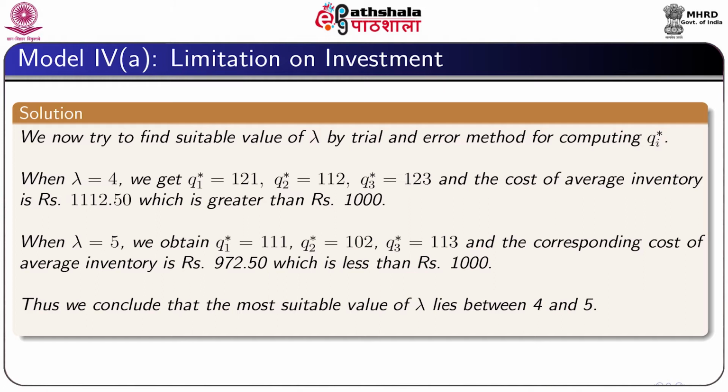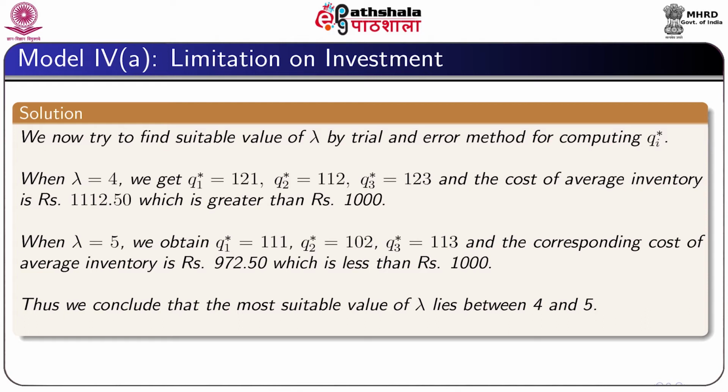Again, if we take lambda equal to 5, then we obtain q1 star equal to 111, q2 star equal to 102, q3 star equal to 130, and the corresponding cost of average inventory is rupees 972.5, which is less than rupees 1000. This indicates that the most suitable value of lambda lies between 4 and 5.